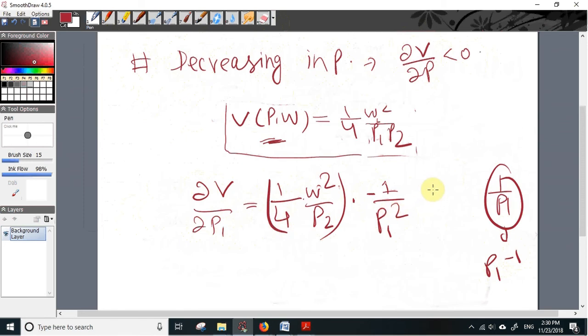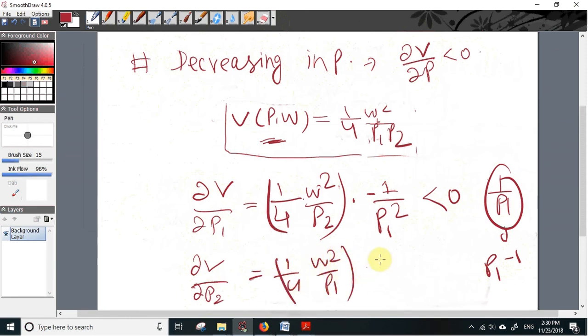So we see that this value is strictly less than 0, and we can also show that del V over del P2 is 1/4 W square over P1 times -1/P2 square, and this is also strictly less than 0. And this shows that the indirect utility function is decreasing in prices.